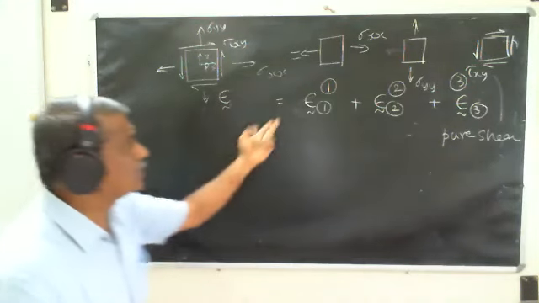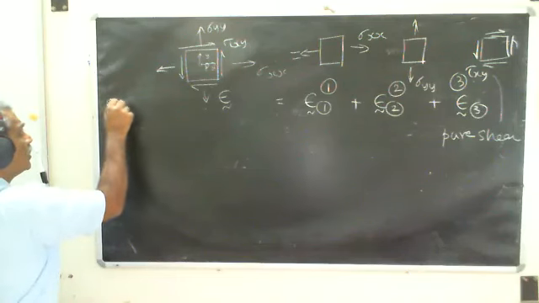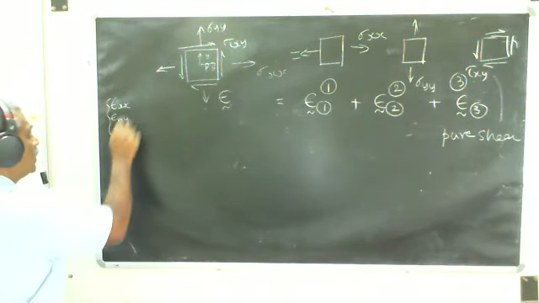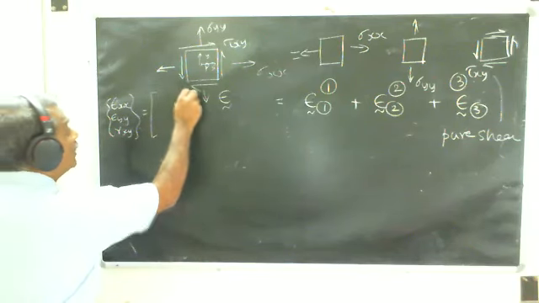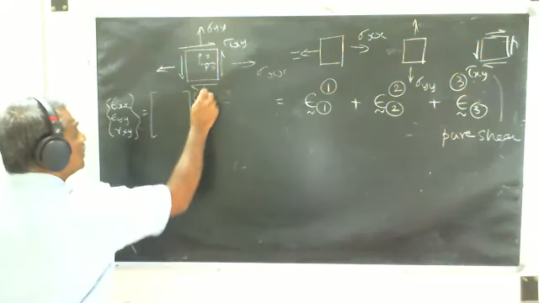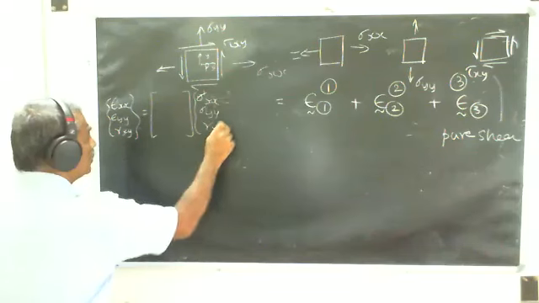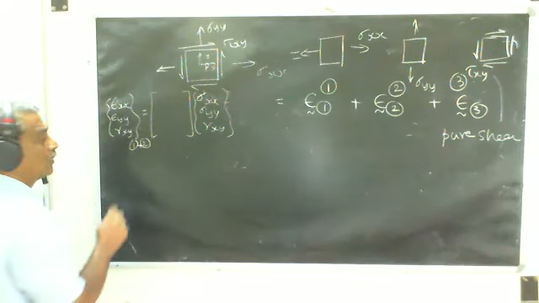The earlier ones I already did. So I can even write that here, epsilon xx, epsilon yy, gamma xy is equal to, now I'm going to combine the two, okay? This is sigma xx, sigma yy, gamma xy. I'm going to put 1 plus 2, okay? 1 plus 2.